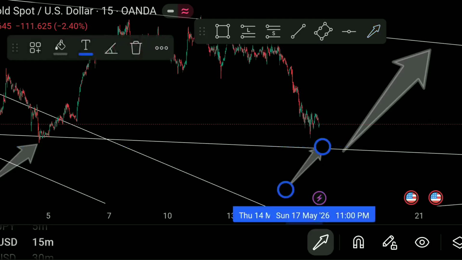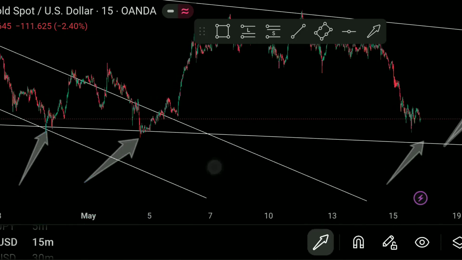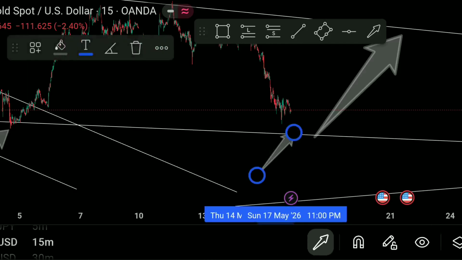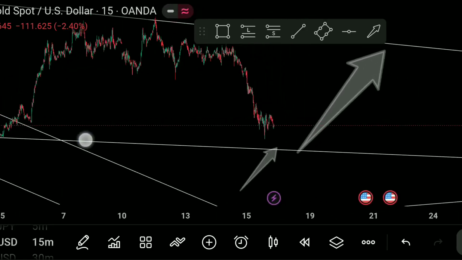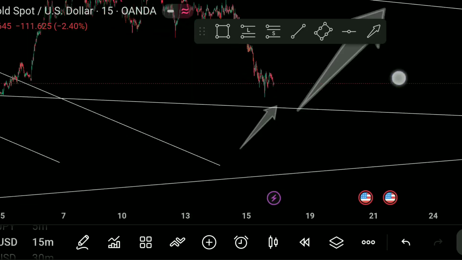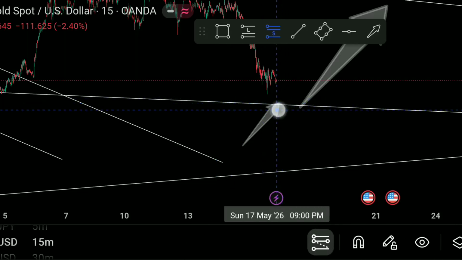It's more likely going to be respected. So this is the first touch, second touch, it went up, and it's going to be a third touch, right? So it can still break it too. If it breaks it, then you will go what? Short. You will go short.